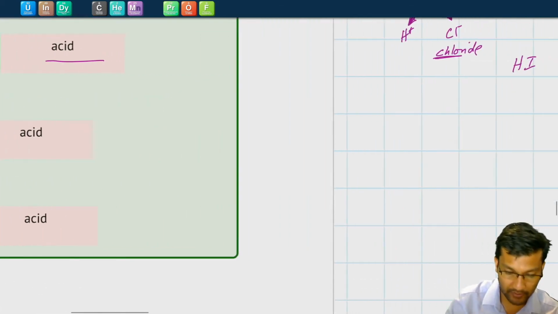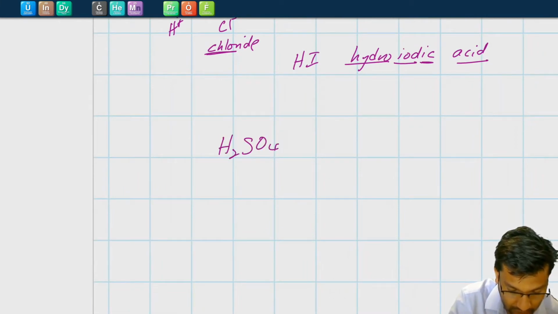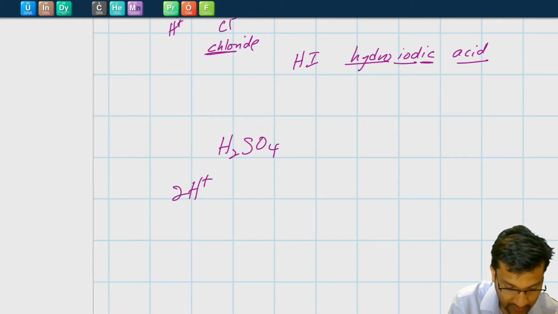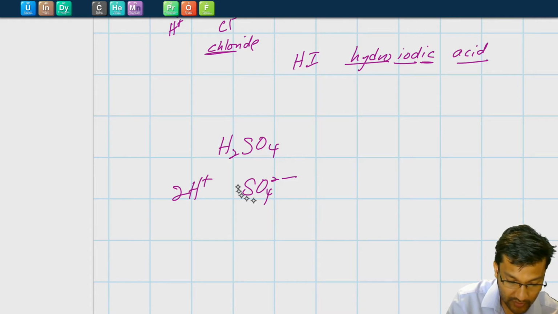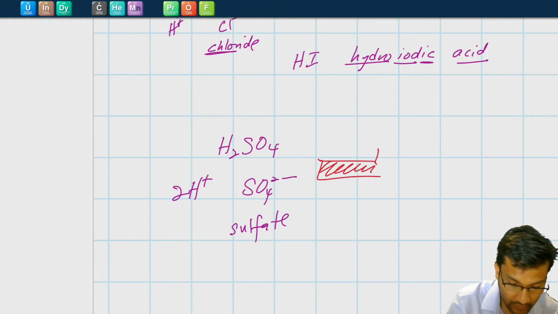Let's take an example. H2SO4. This one's common. This breaks apart into H plus, and there's two of them, and SO4 2 minus. You should have memorized this ion, but it's sulfate. So to name this acid, H2SO4, you probably already know what this is, but here's how we got that name.